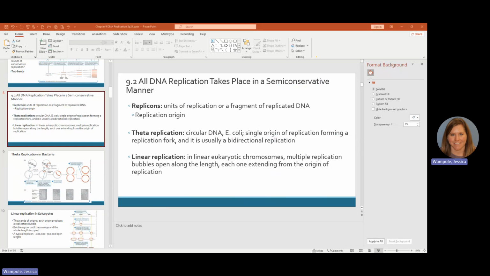But if we look at this strand being built 5' to 3', this strand being built 5' to 3'. And then as our replication machinery moves further and further away from the origin of replication, it's going to push this replication fork open. So as it moves, it's going to push it wider and wider.